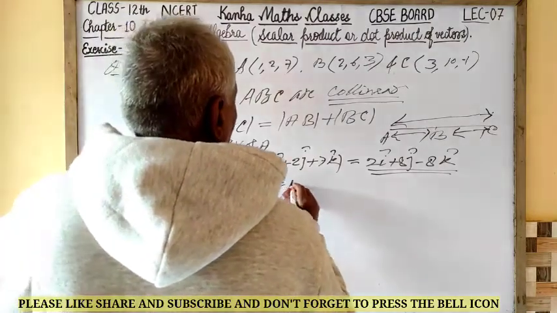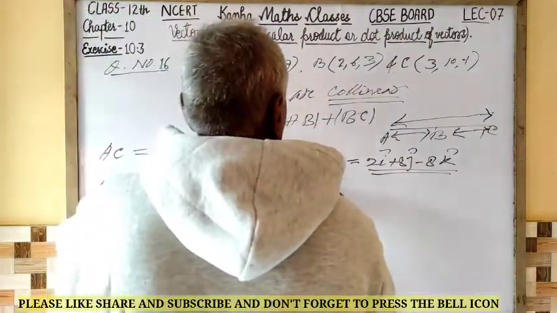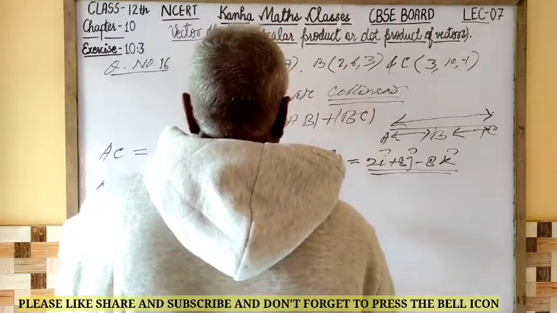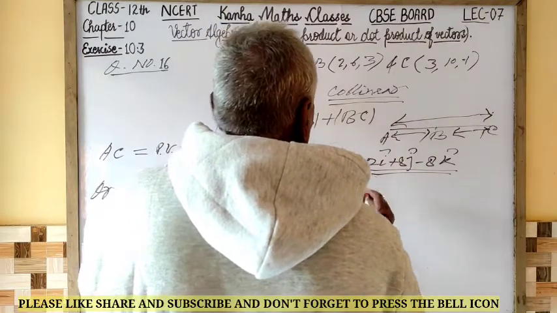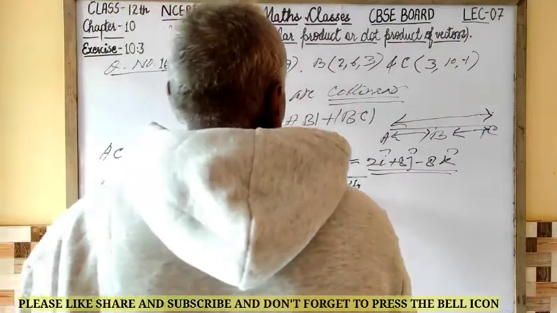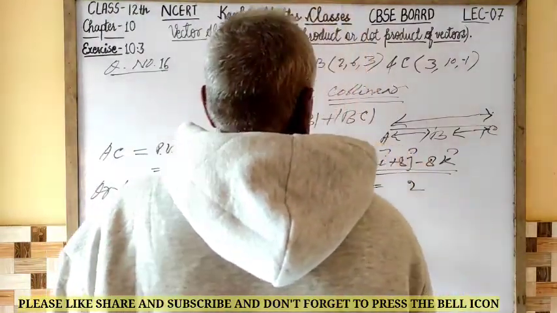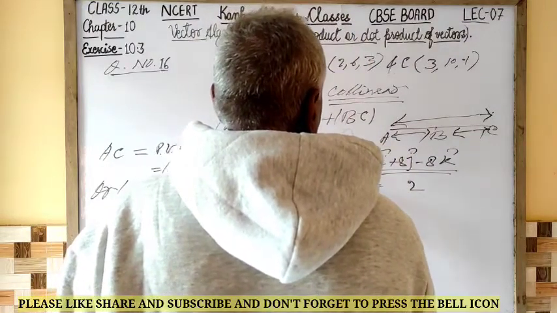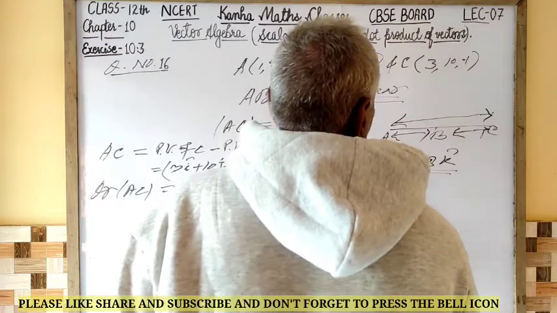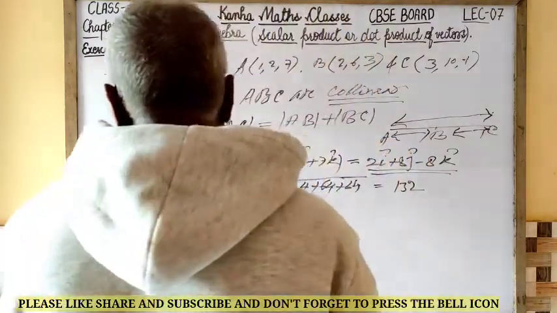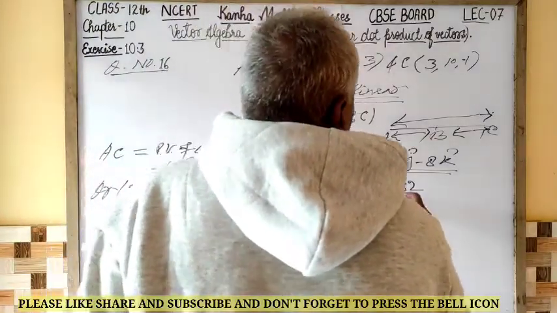This will be equal to 2 square is 4, 8 square is 64, and this is also 64. 4 plus 64 is 68, plus 64 is 132. The magnitude of vector AC is root 132 unit.